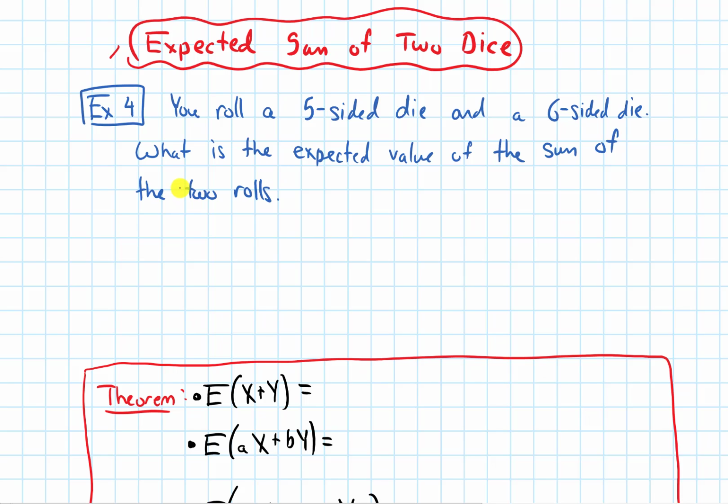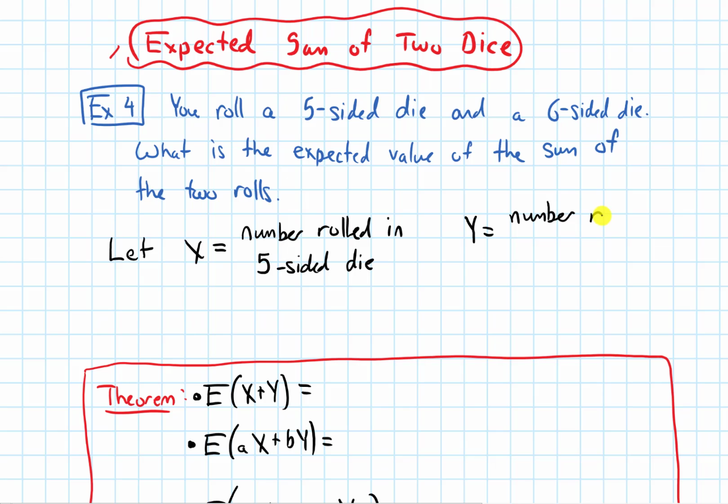I'm going to begin by introducing some random variables. I'm going to let x be the number rolled in the 5-sided die, and I'm going to let y be the number rolled in the 6-sided die.